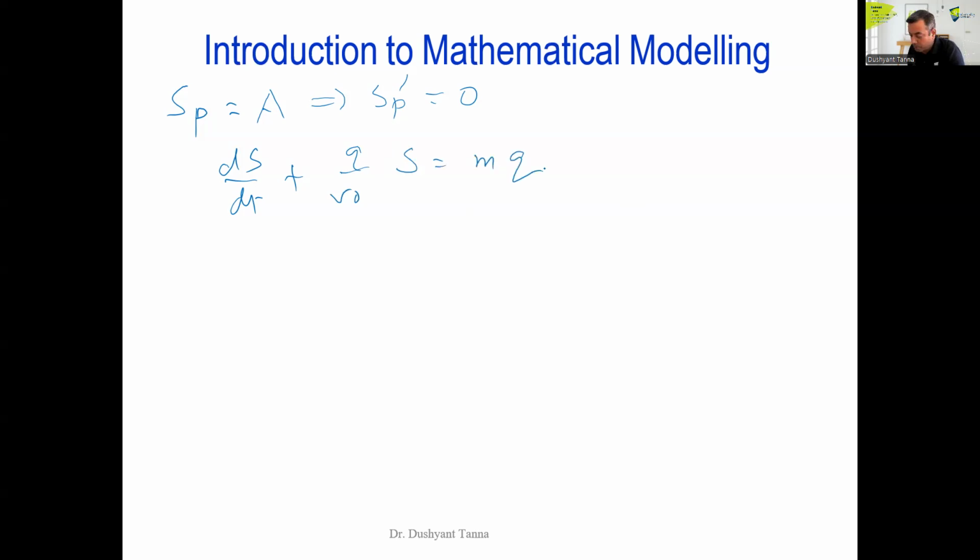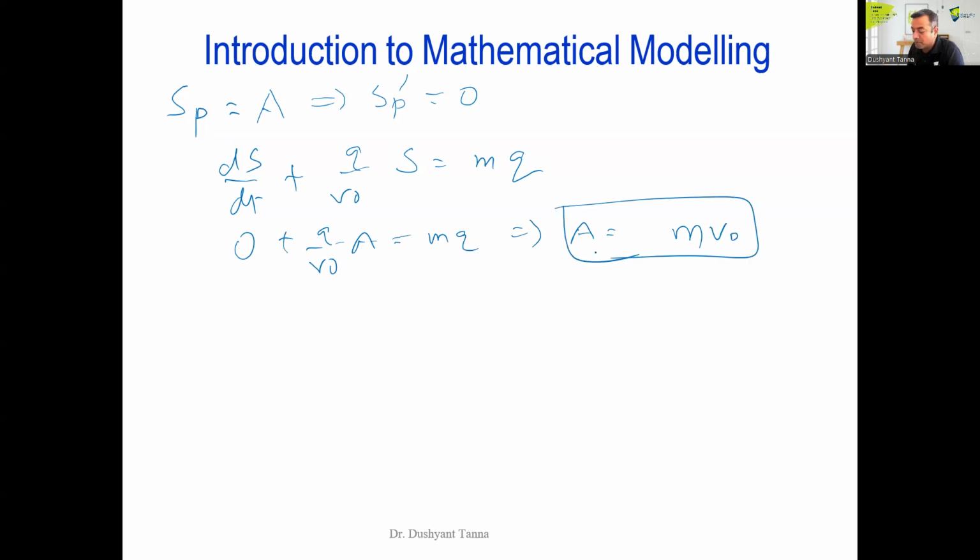This is our equation. ds/dt or s dash is 0. So (q over v0) A is equal to mq, and therefore your A will be, simply as it is, m v0. That's our A. We found A, therefore your SP is m v0.